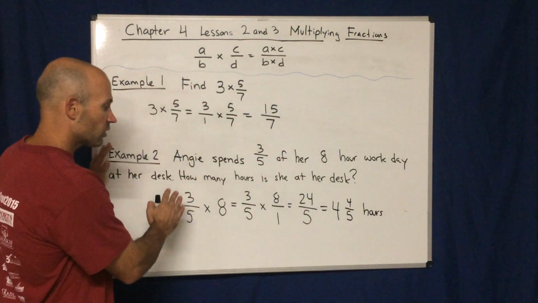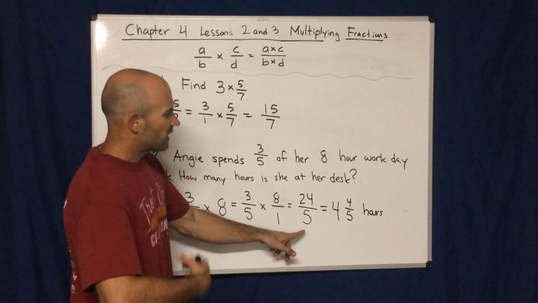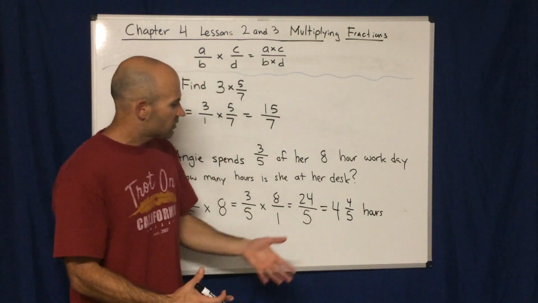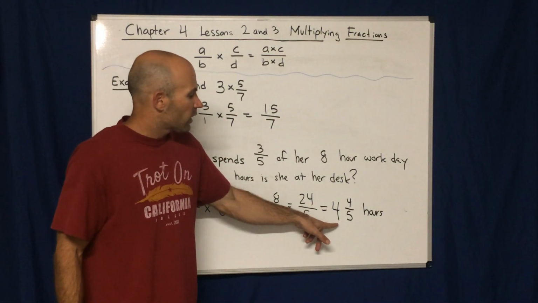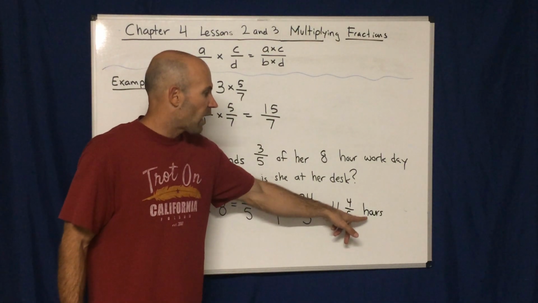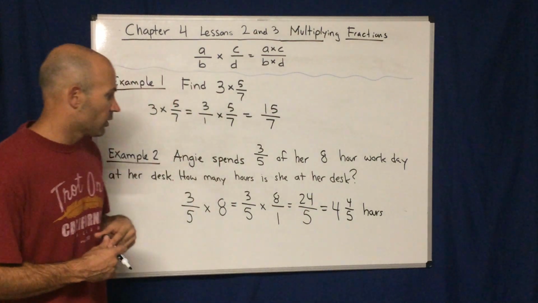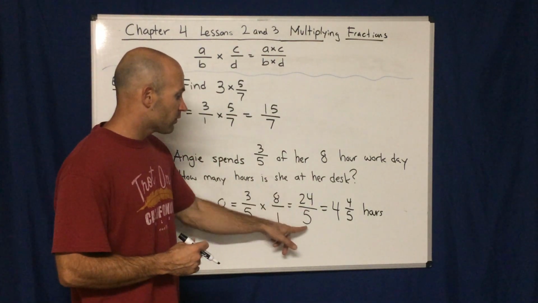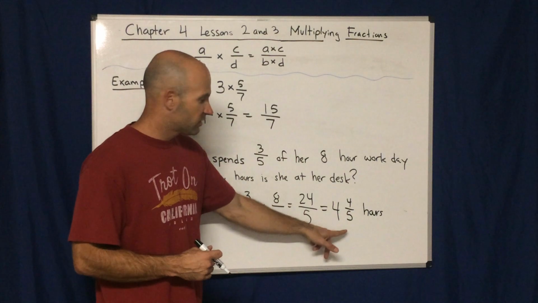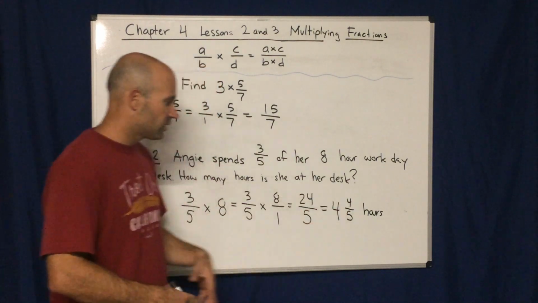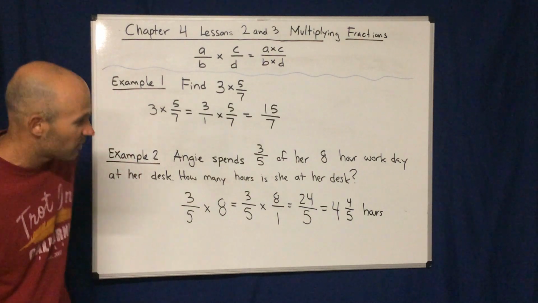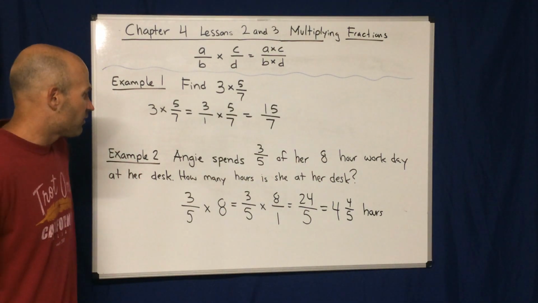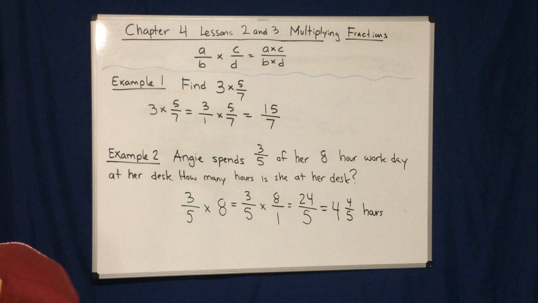Because I'm doing this particular word problem, I really wanted to give an answer that was easy to understand. Angie spends 4 and 4/5 hours at her desk during a workday. These numbers, 24/5 and 4 and 4/5, are equivalent, but I feel like this answer captures how much time she's spending at her desk a bit better than saying 24 over 5.